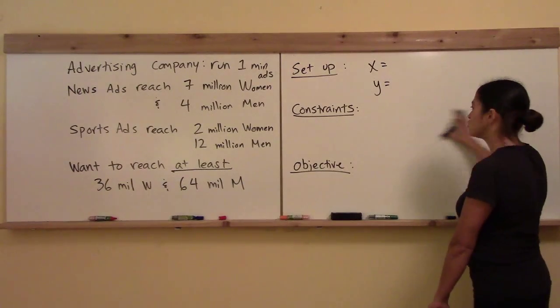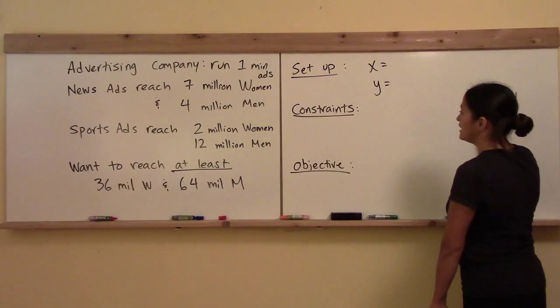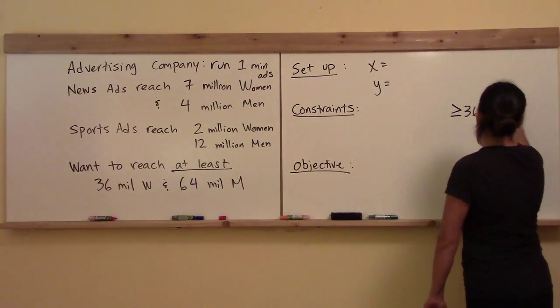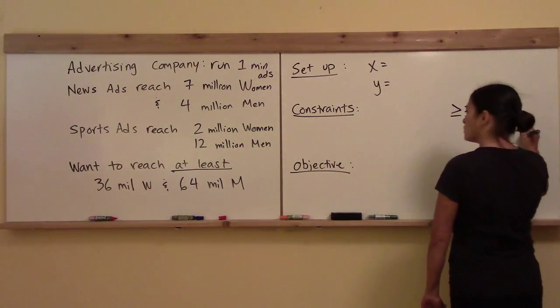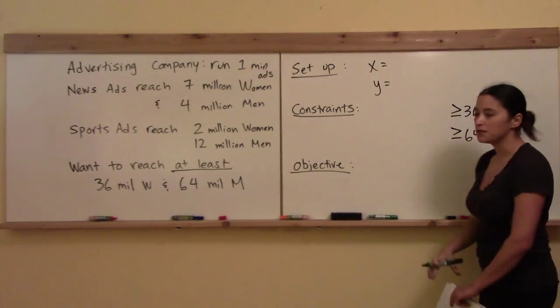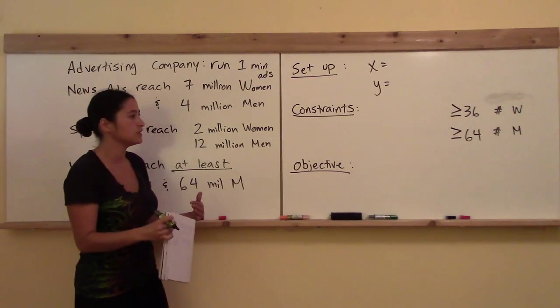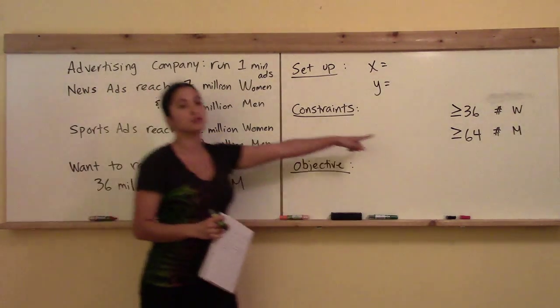So I know that my constraint here on the number of women that I want to reach is going to be at least 36 million. Okay, so that's the number of women that I want to reach. The number of men that I want to reach, at least 64 million men. Take a look at this for a minute. This can be a little bit confusing. You saw in the last example, when I said at most, I put a less than.